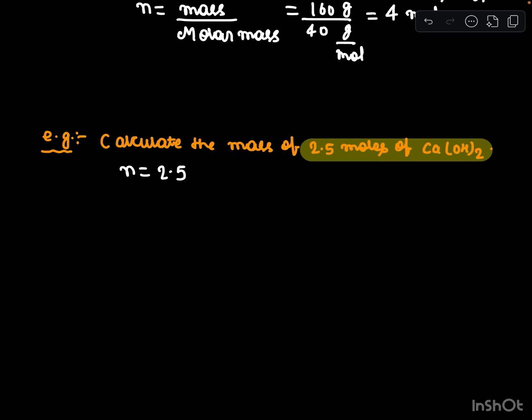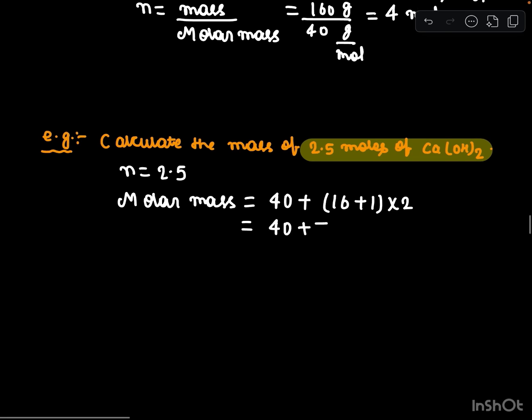Molar mass of Ca(OH)2 equals the atomic mass of calcium, 40, plus the atomic mass of oxygen, 16, plus 1. Since there are two molecules of OH, we multiply it by 2. Finally, we get 40 plus 34, which is equal to 74 gram per mole.